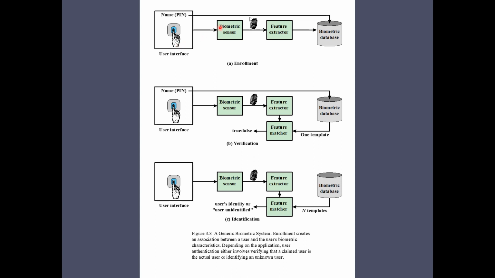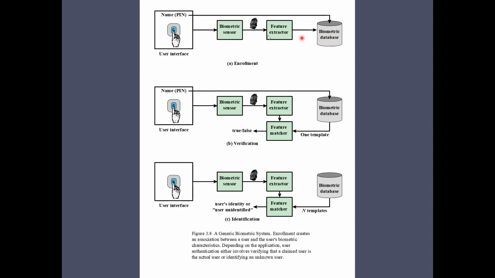The biometrics in general, like the fingerprint here, will be submitted. There will be a feature extraction process here to take the features, the curves, for example, of the finger, the pattern, and others. Then it will be stored on the database.